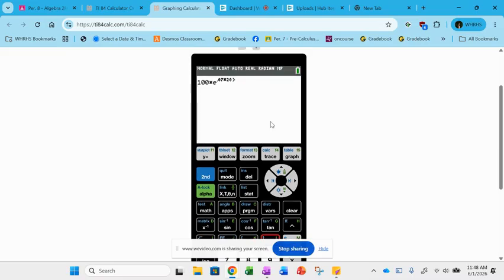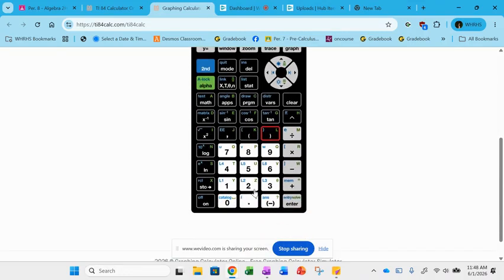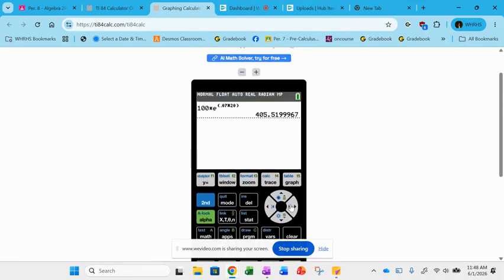All right, so this is what it looks like. Oh, I didn't put the parentheses in the front. I wonder if it's going to come up as an error or not. See? Nope, it still worked out. Now, on the whole entire test, I am going to ask you to round to 3 decimal places. But in this problem, what are we talking about?